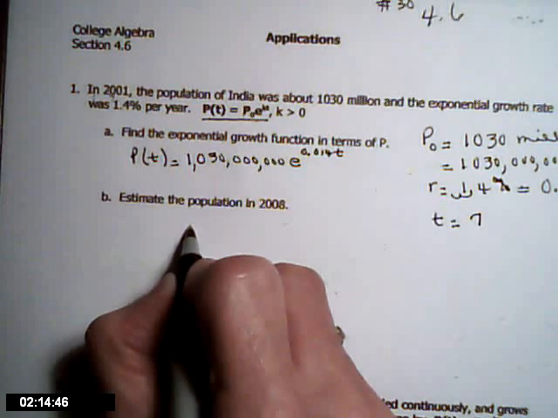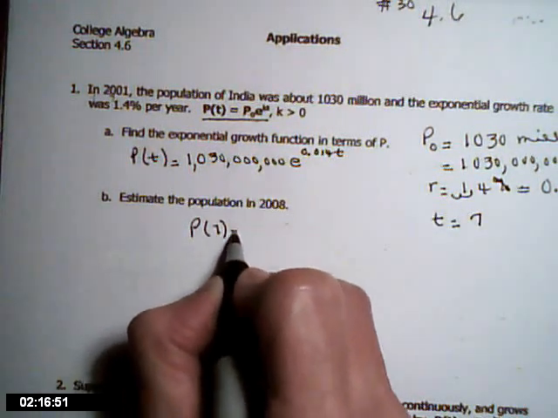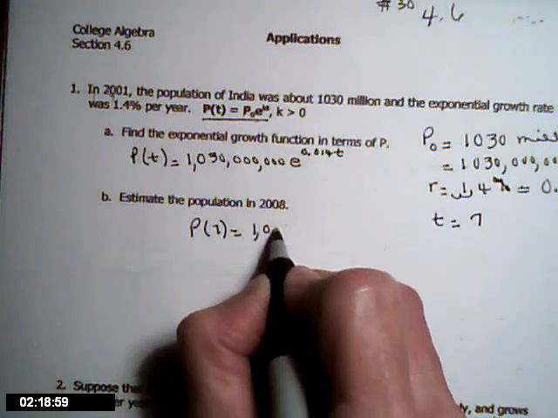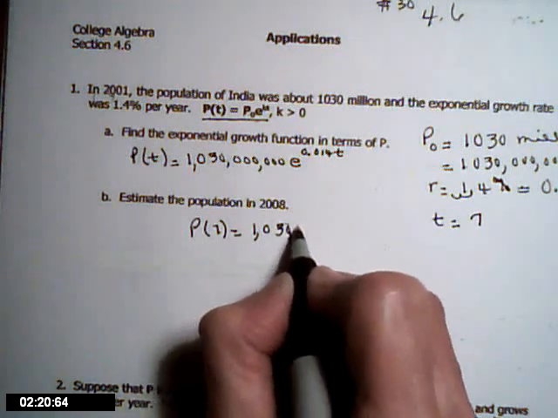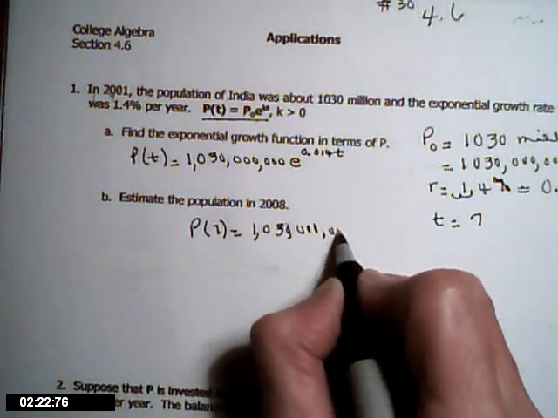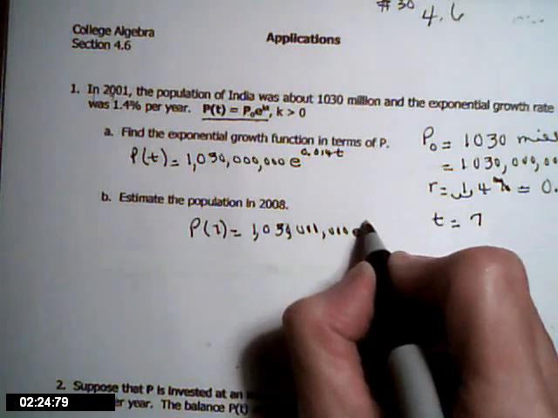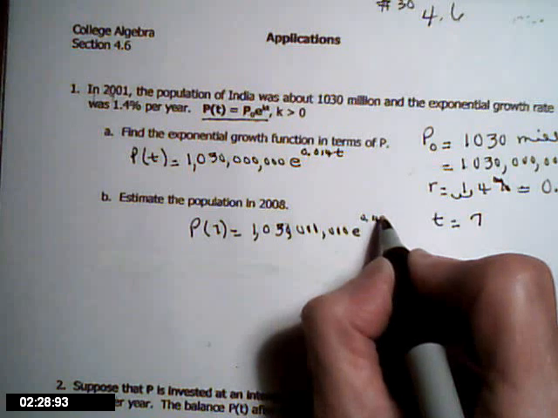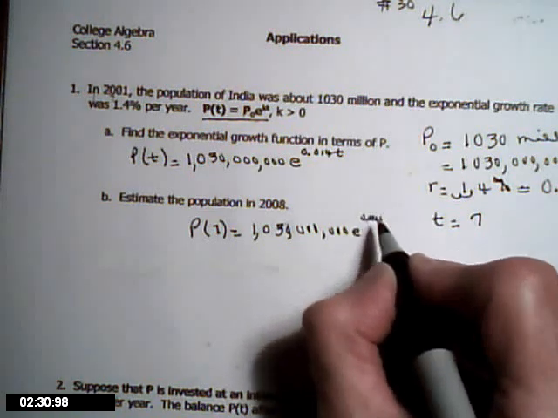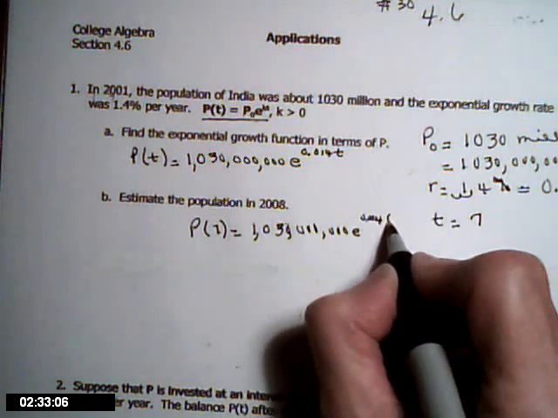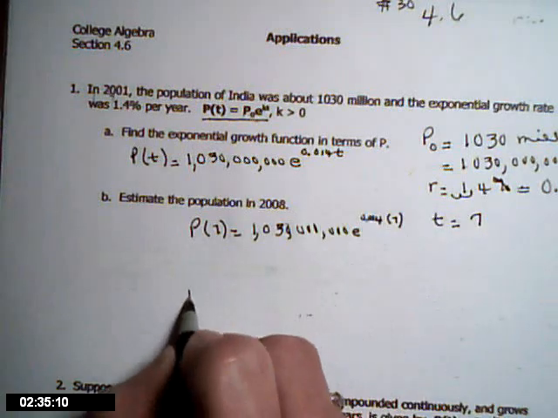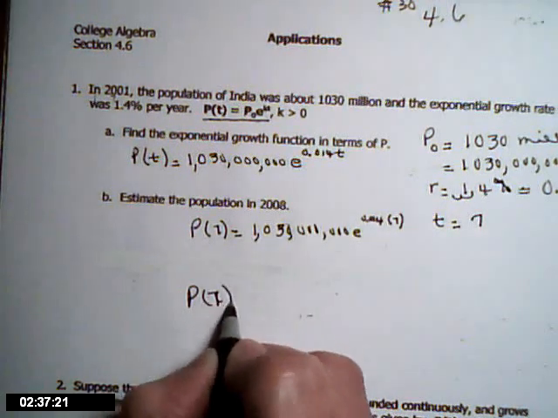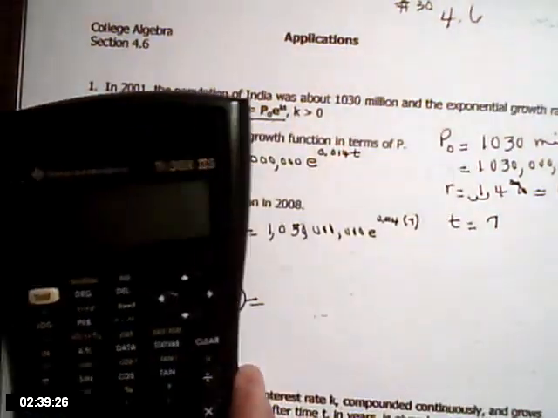So now we're going to say P of 7 is going to equal our initial population times e to the 0.014 times t, which is 7. Now go to your calculator and we're going to enter this in.